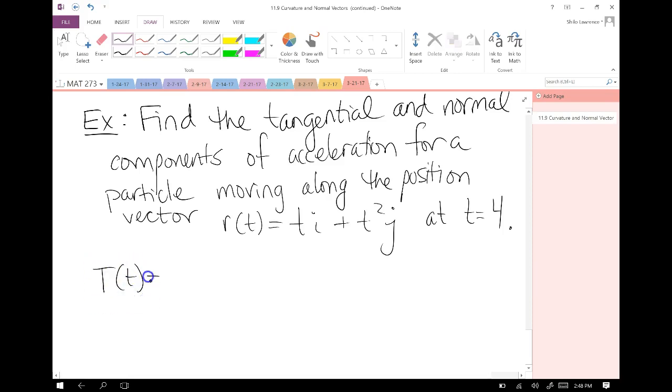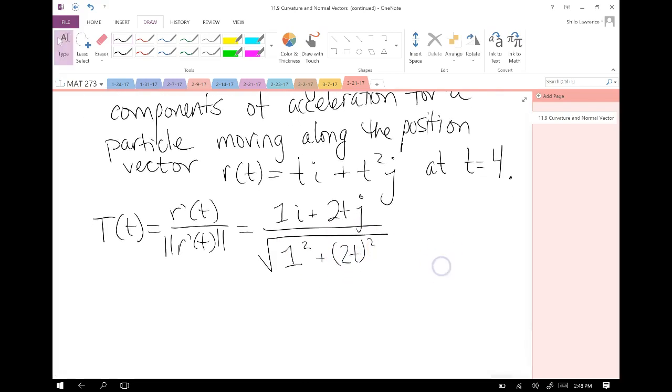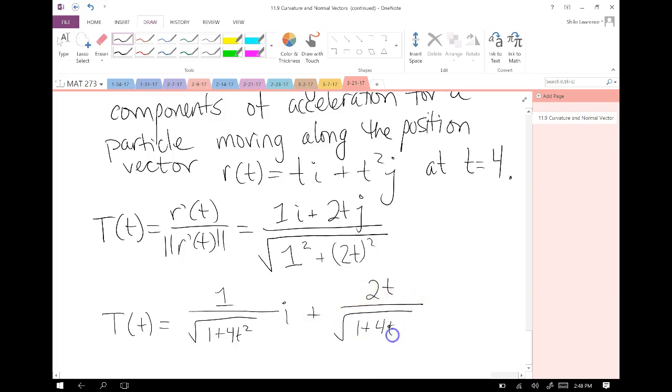So to get T of t, we need r prime of t over magnitude of r prime of t. So r prime is 1 i plus 2t j.